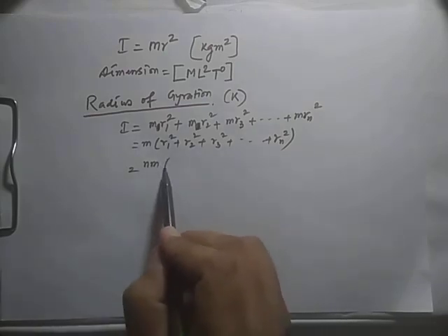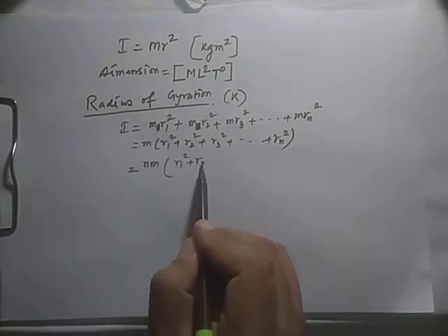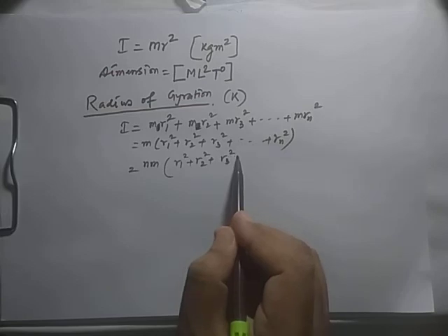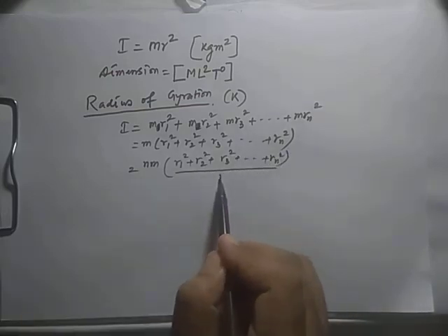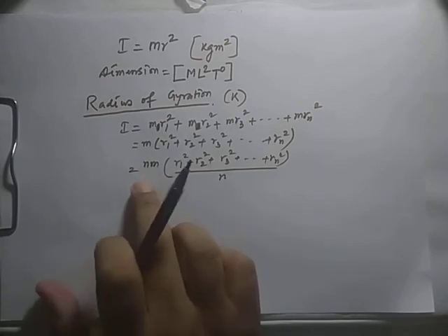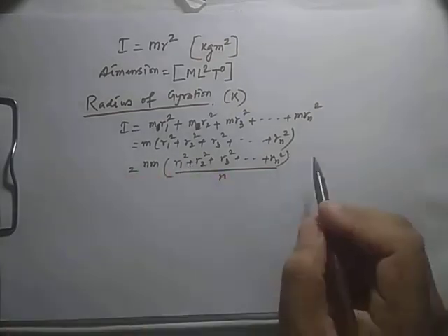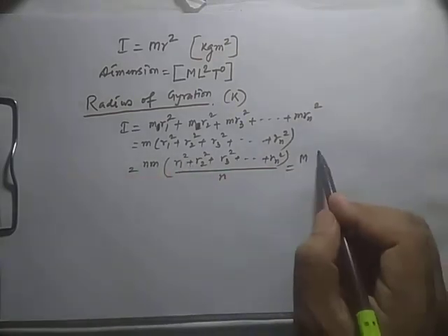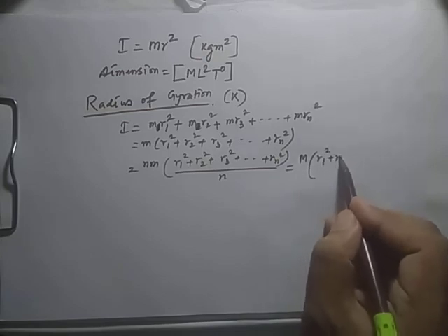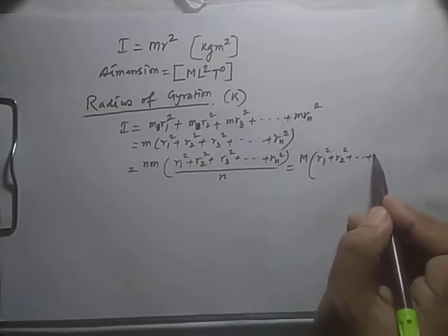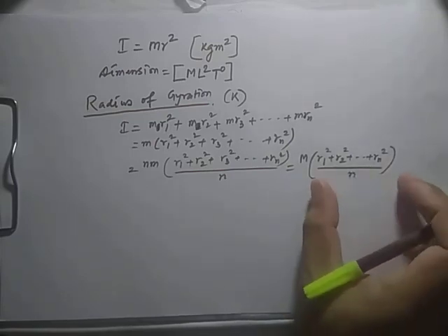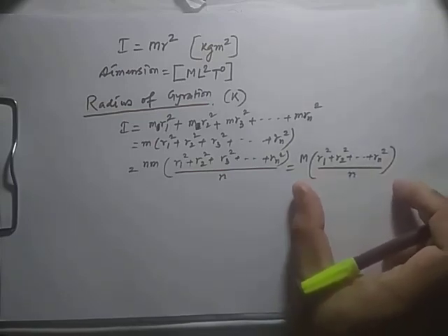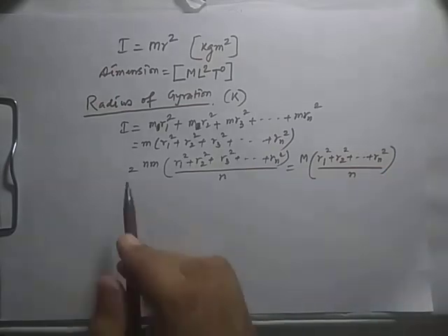So you can write r1 square plus r2 square plus r3 square plus up to rn square, divided by n. This n into m will become capital M. So it will become M times r1 square plus r2 square, in this way up to rn square, by n. This thing is called the radius of gyration.